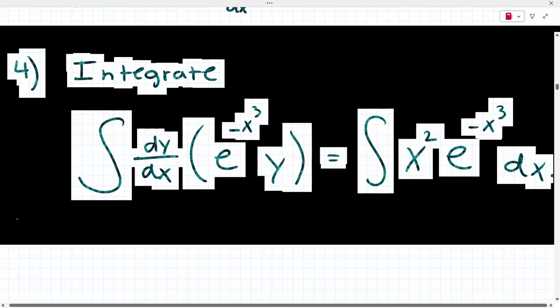Did you know when you take the integration and then the dy dx, they cancel?